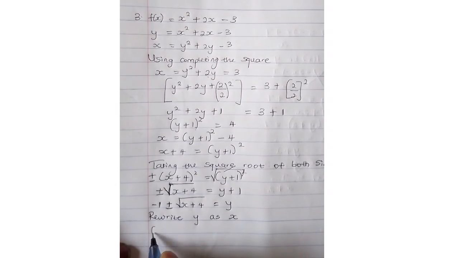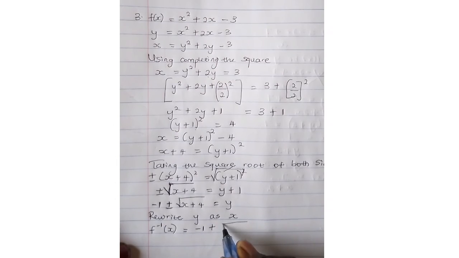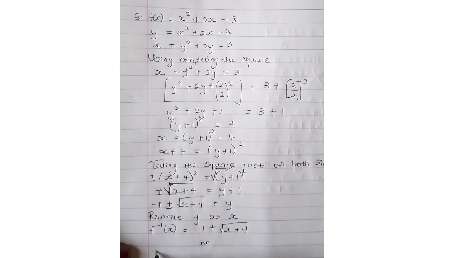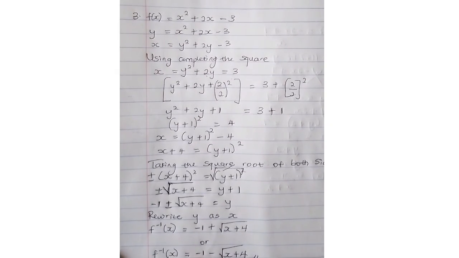So therefore the inverse of this function is equal to -1 plus the root of x plus 4, or the inverse of this is equal to -1 minus the root of x plus 4. So therefore this is the inverse of this quadratic function.